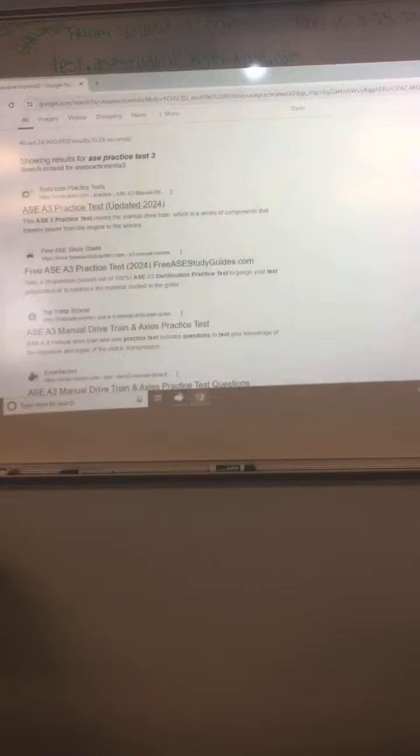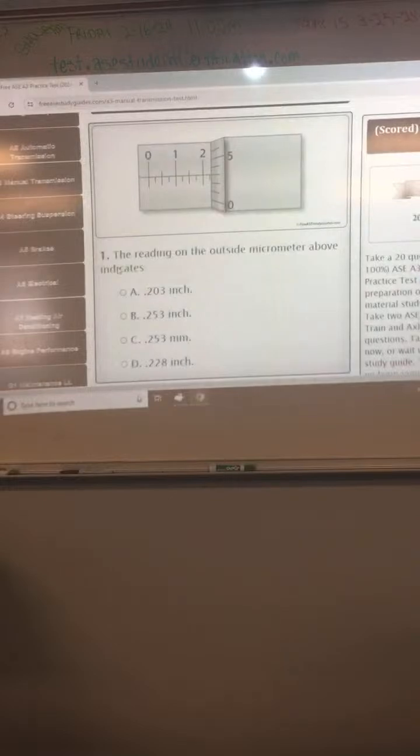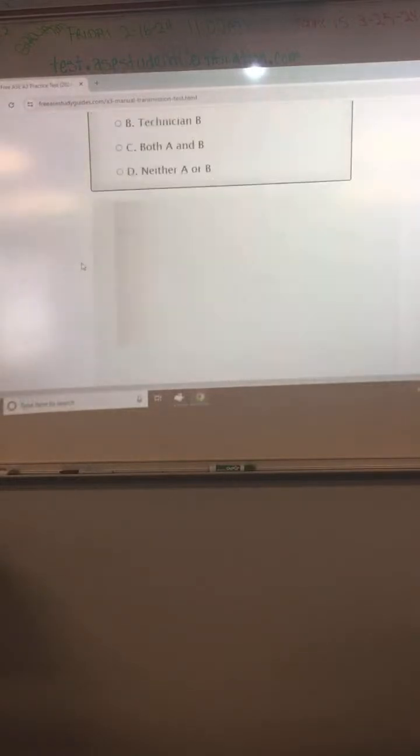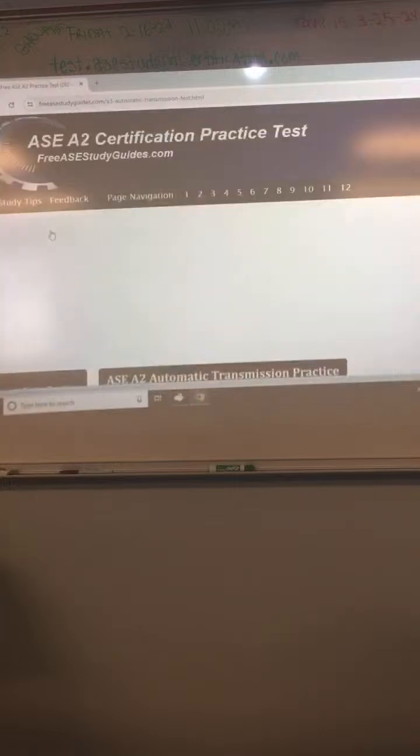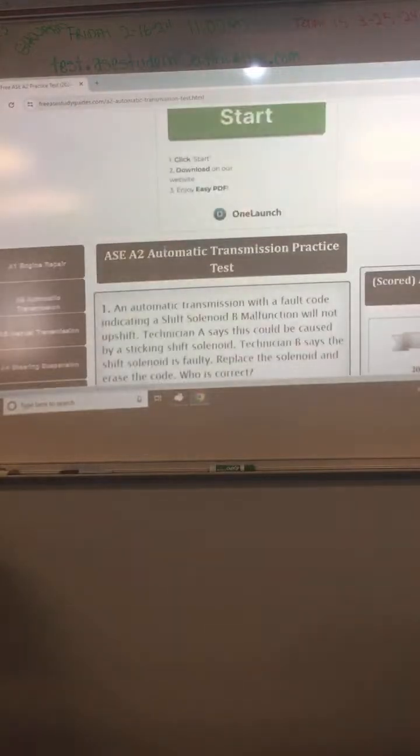I don't know, we might have to do that, I don't really care for that one. Manual trim, but you don't have one? There's one right there, A2. Automatic transmission. Am I messed up here? I thought it was A3, I guess, oh, it is A2, huh? Yeah. Okay, that's better.